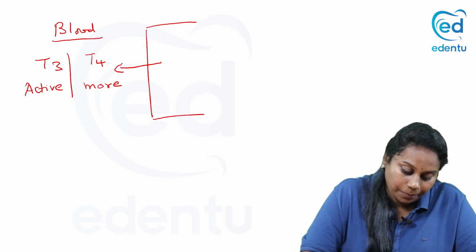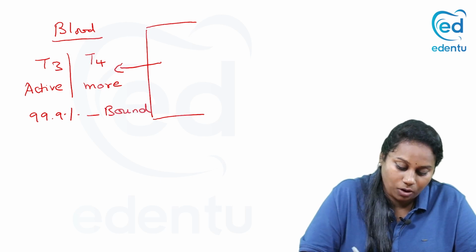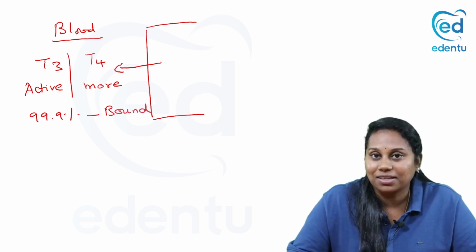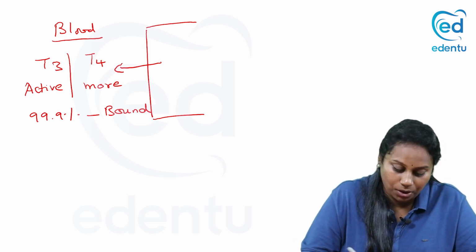And in blood, 99.9% of thyroid hormones are in the bound form. They are bound to plasma proteins. So what are the proteins to which they are bound?